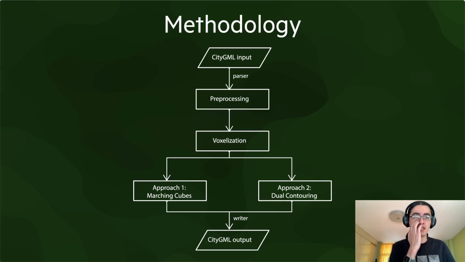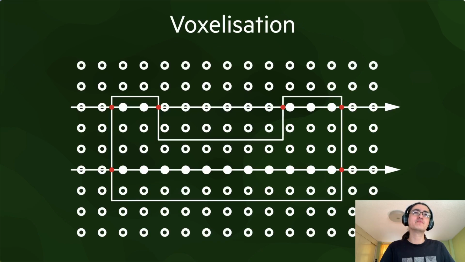You have input in CityGML, you do pre-processing, like loading it into memory. You voxelize the model, and we will see how this is done because it's a different algorithm that is able to do some repair, and then you go back to the original CityGML for the output.